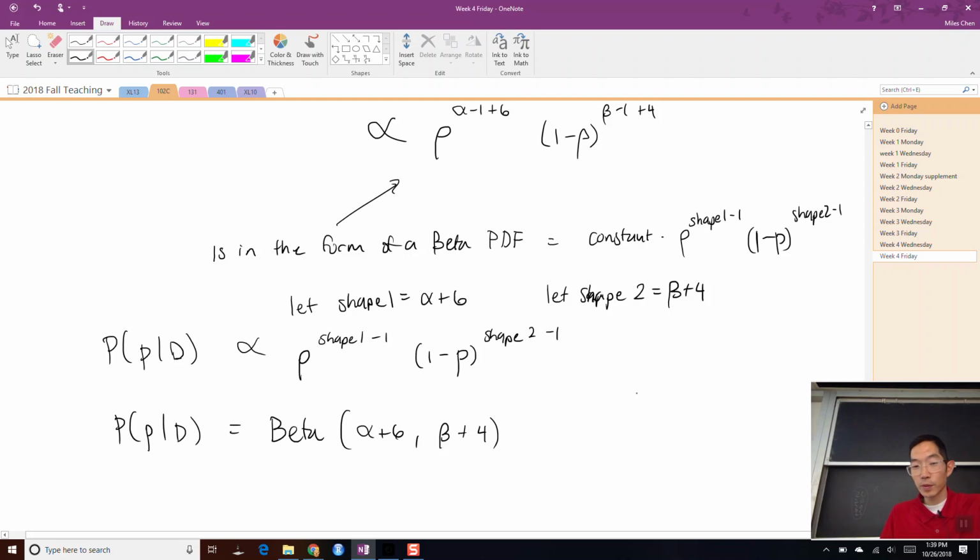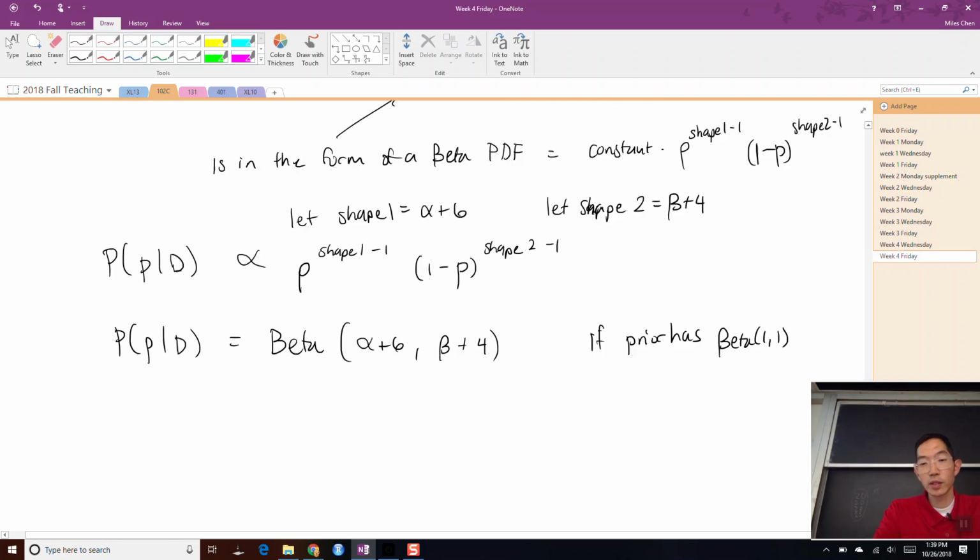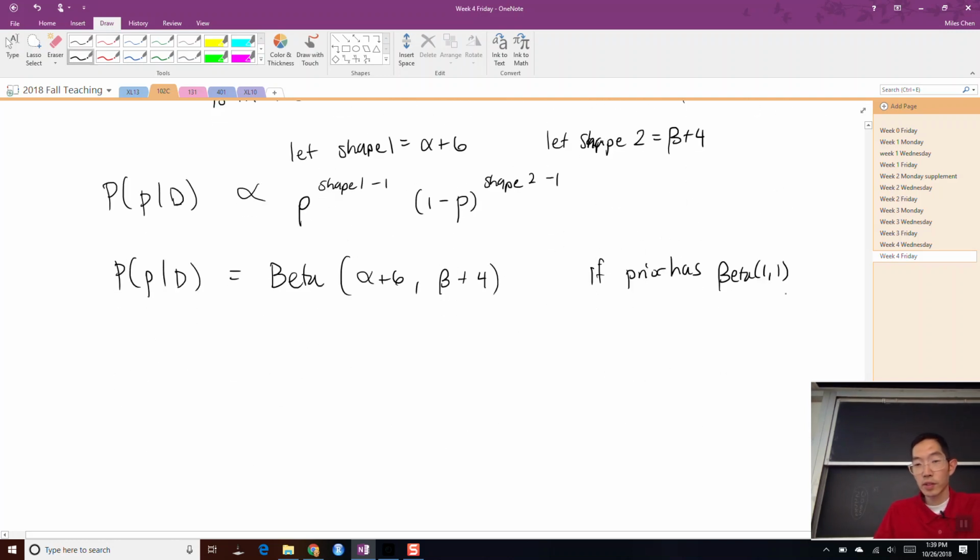And if the prior is beta 1, 1, where alpha is equal to 1 and beta is equal to 1, then the posterior, the probability of P given D, is the beta distribution of 7, 5.